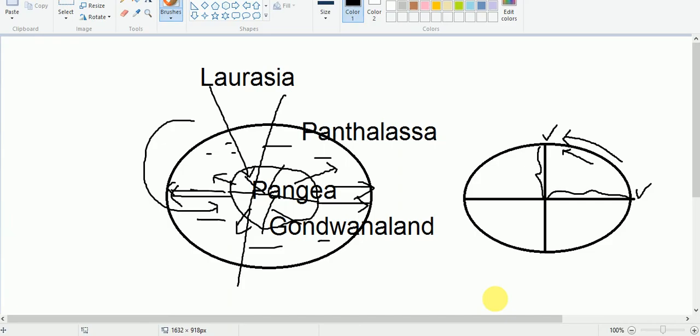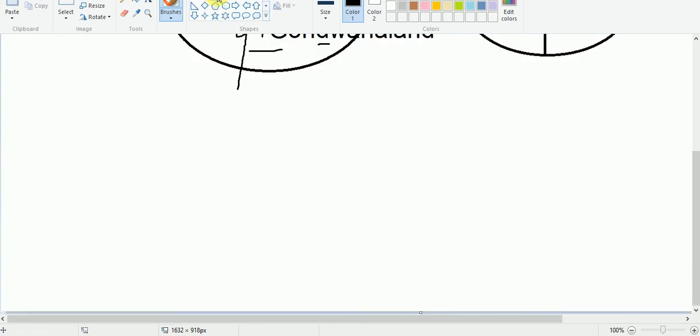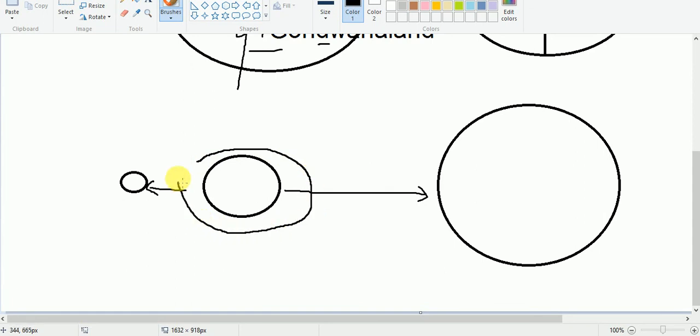Here, this is the Earth, and here we have the moon, and on the other side we have the sun, and due to the gravitational attraction of the sun and moon, sea level is rising periodically, and this is what we call tide.